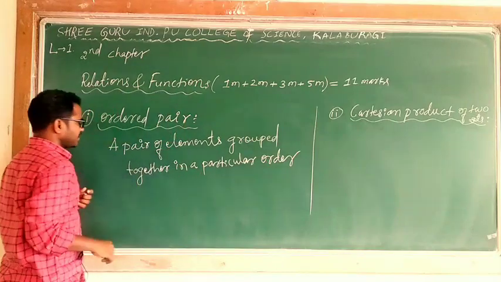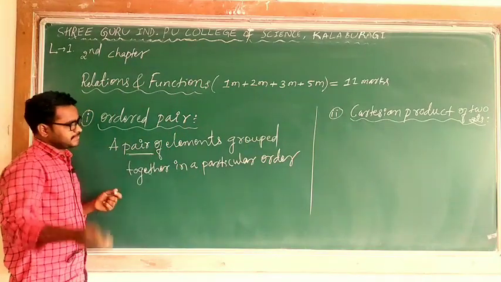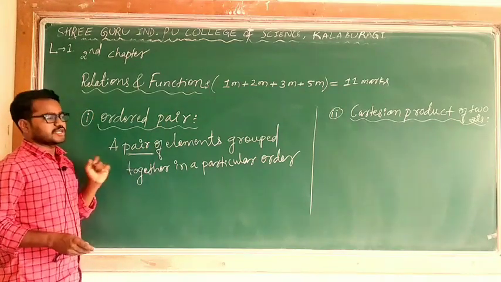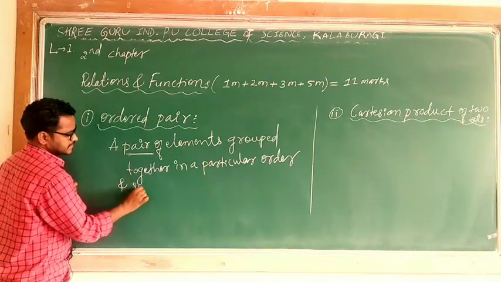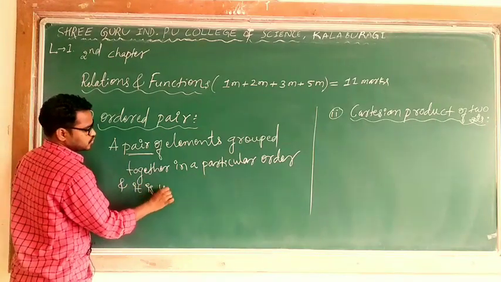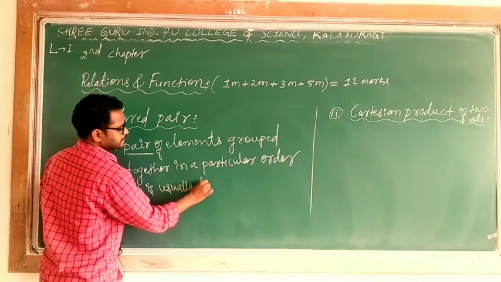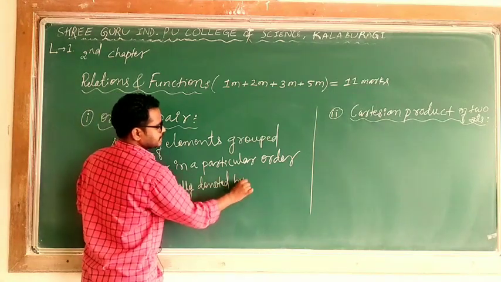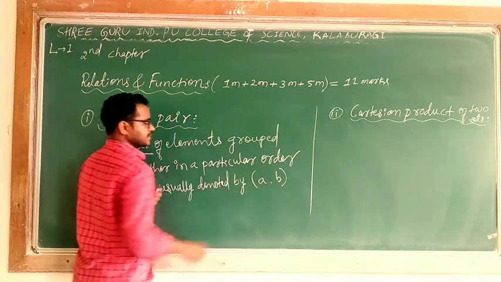An ordered pair is a pair of elements. Pair means we take two elements grouped together in a particular order, and it is usually denoted by simple brackets, (A, B).